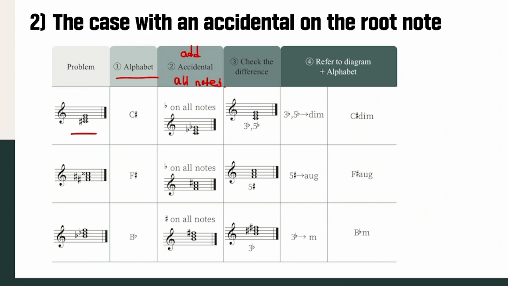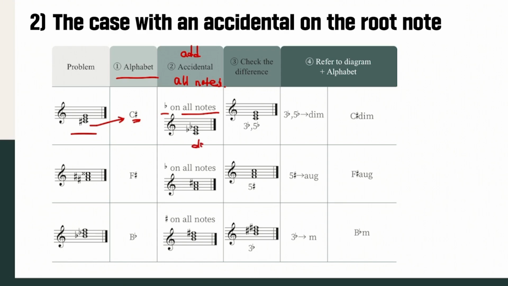Look at the first one. Here is the given triad chord. Find the alphabet note from the root note and write it down with the accidental. And then add flat on all notes to remove the root accidental. And then find out the quality.